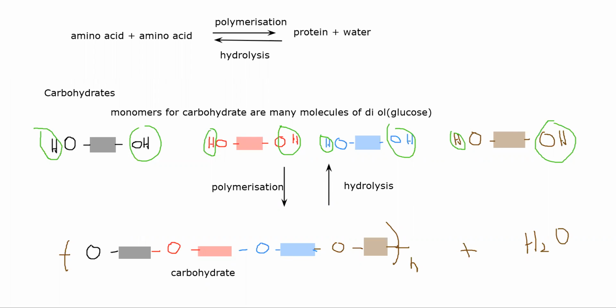Like you have many molecules of glucose. Why is it known as a diol? Because di means two, okay? And ol means alcohol or OH group. You can see it's having two OH groups at the end. That's why we call that a diol.